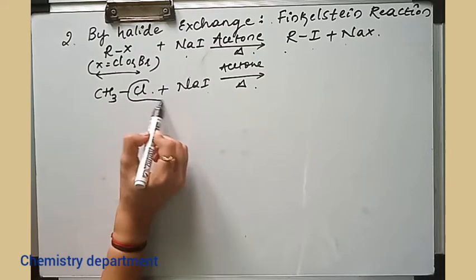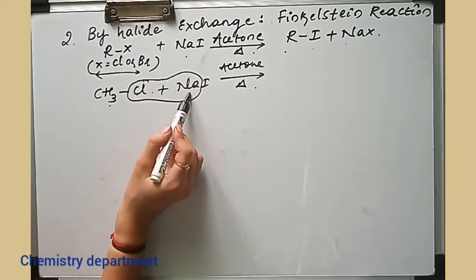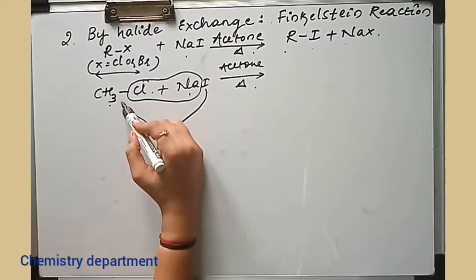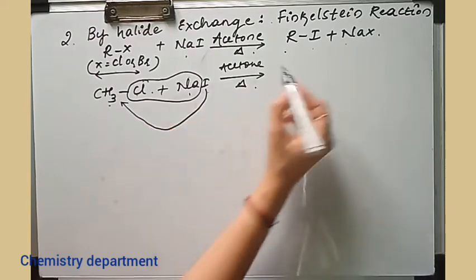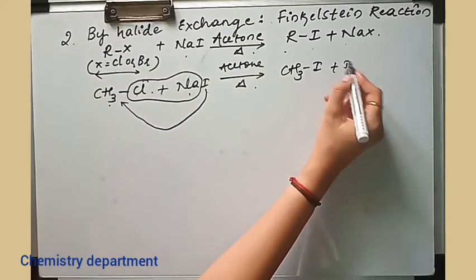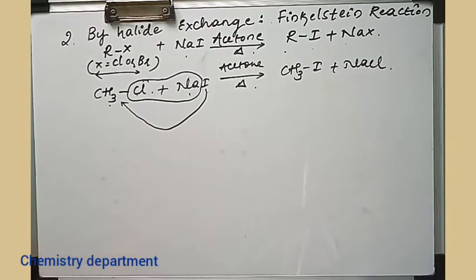That is, the halide that is present in the alkyl group will get exchanged with the sodium, and the halide that is present in the sodium will combine with the alkyl group. So what exactly we are getting is CH3I plus NaCl. That is why it is called a halide exchange reaction.